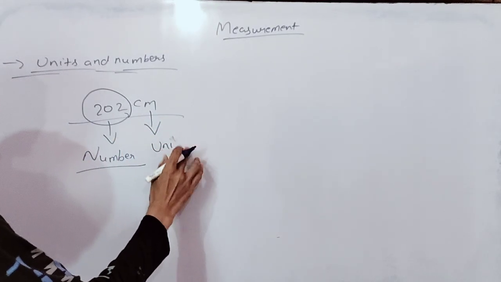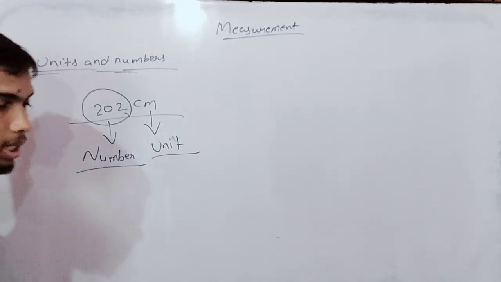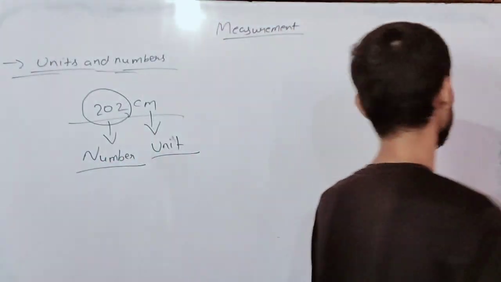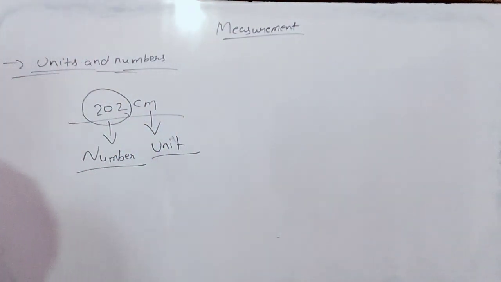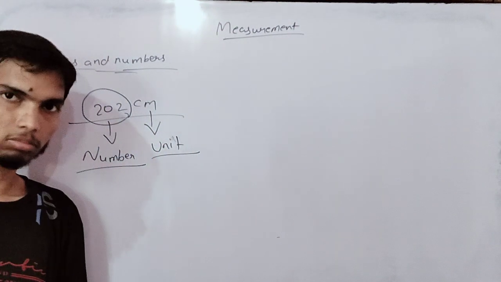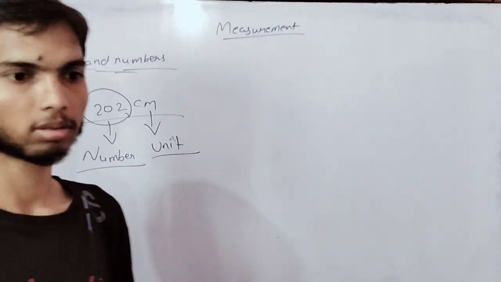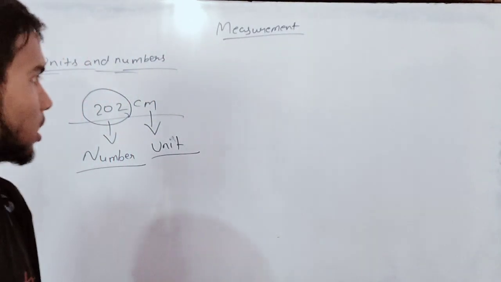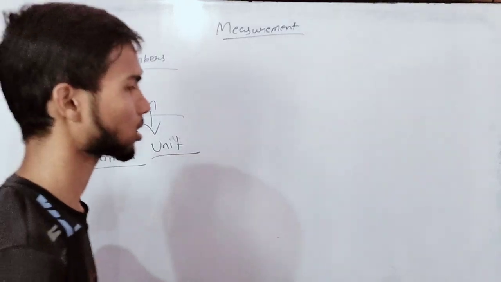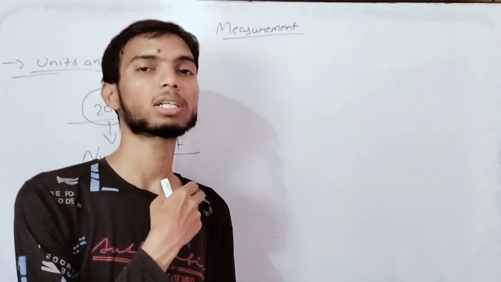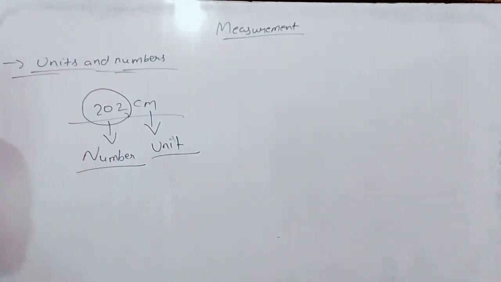The unit is directly telling you that length is being measured. Length of something is being measured. So this is centimeter, meter, kilometer, liter, centimeter, millimeter. All these are units. Fahrenheit, Celsius. All these are units. Clear?